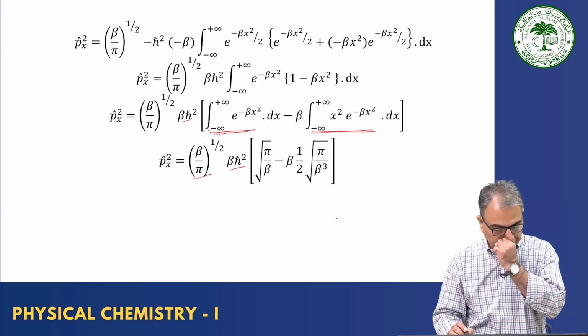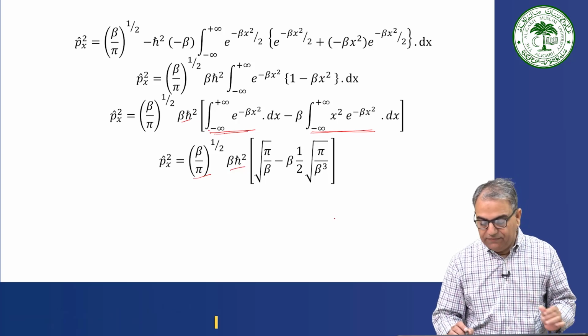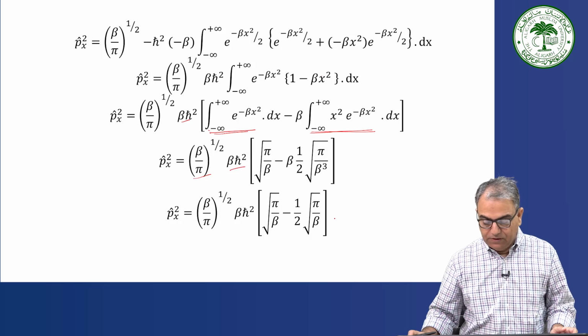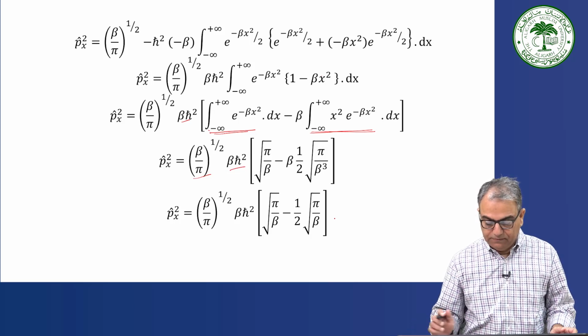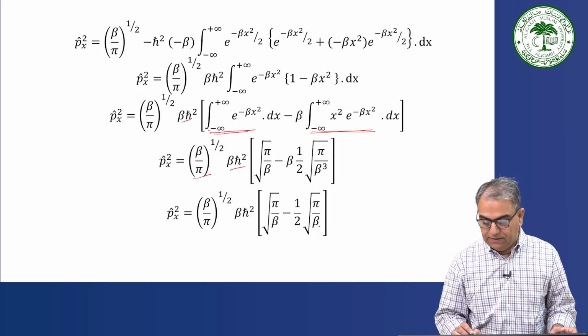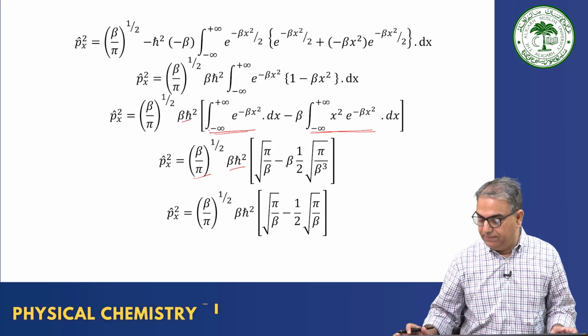Okay, so once you have this, we have done these terms, this comes out to be beta divided by pi into beta h cross square pi divided by root beta, and then 1 by 2 pi divided by beta, because you have 3 by 2, so one of the beta will go. Okay, and you will have beta raised to the 1 by 2 only.